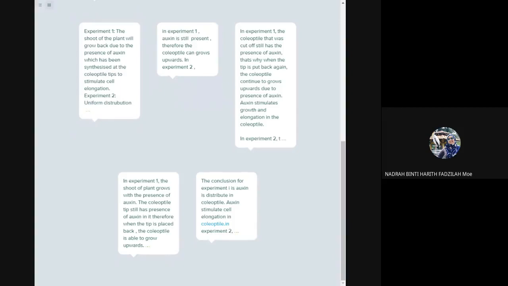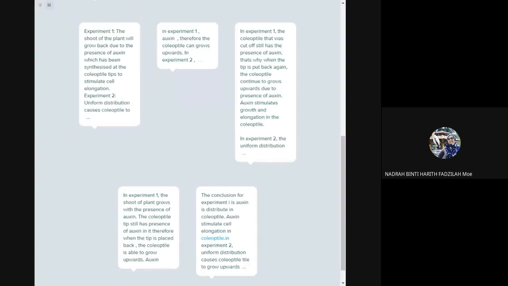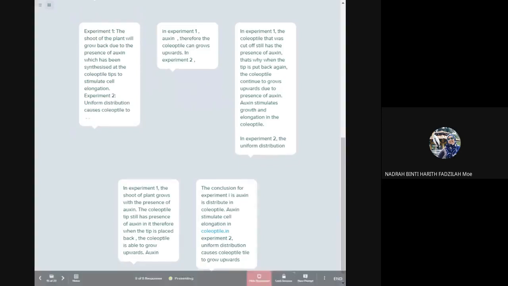Sebab dia letak agar block tu flat, sama rata pada surface of the coleoptile, kan?